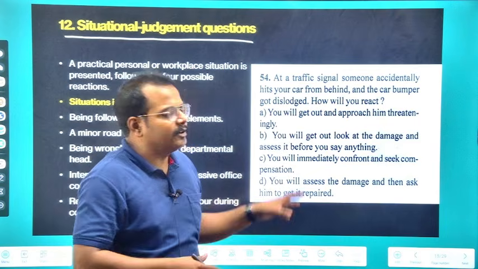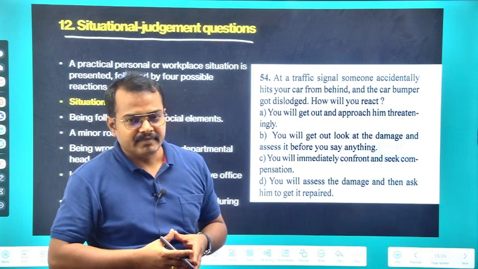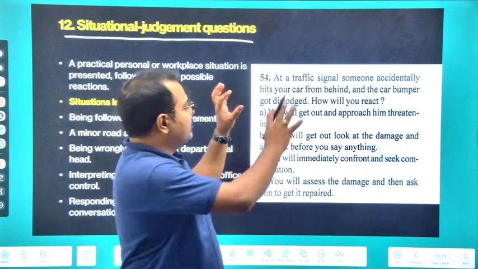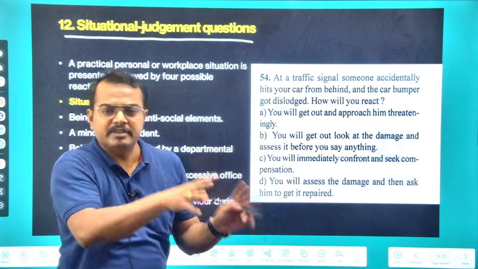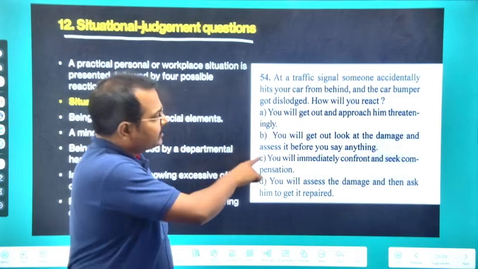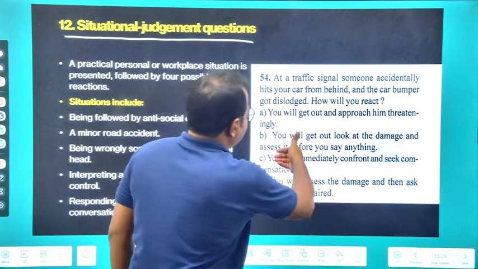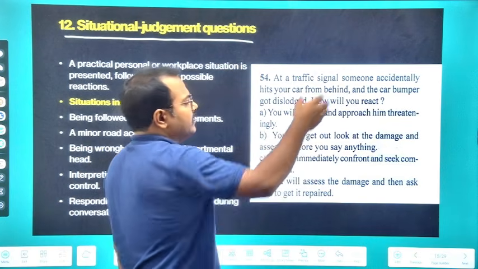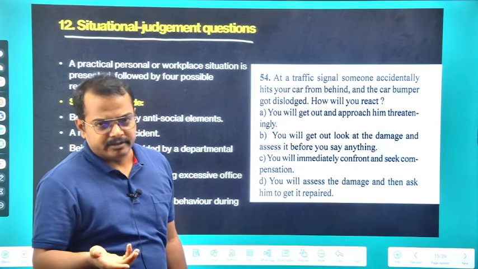You will not find these types of questions in other state PCS exams or CSAT exams. Very beautiful questions. Here conversation is not there, but a situation is there. Same thing: you have to write the correct reaction. If there is a traffic signal and an accident, someone has hit your car, what should be your response?